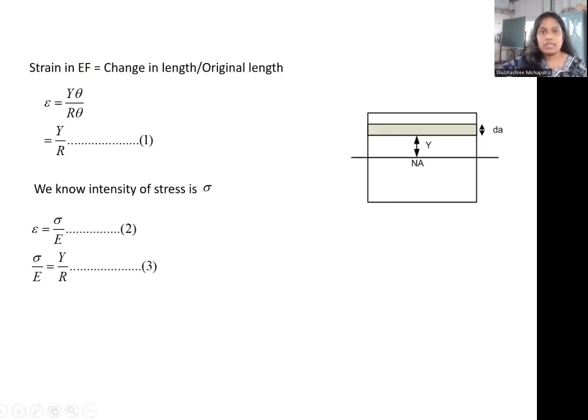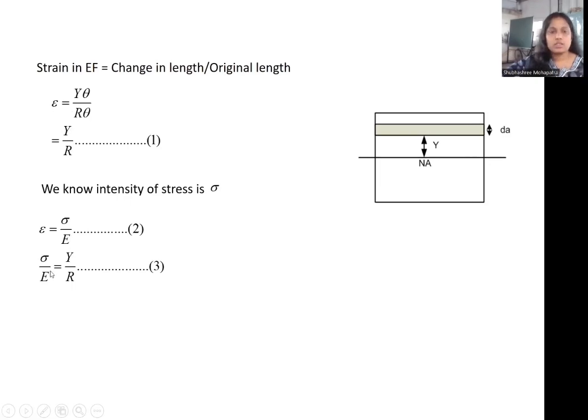From that, strain is equal to stress divided by Young's modulus, that is sigma by E. In equation 1, we got strain equal to Y by R. By equating the right hand sides, we get sigma by E is equal to Y by R.